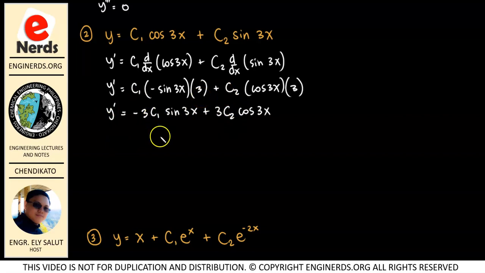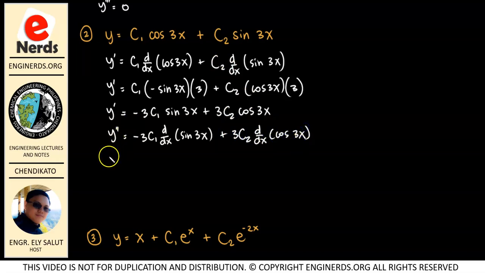So, katulad ng sinabi ko kanina, because we have two arbitrary constants here, we might need to differentiate it twice. So, we're going to take the second derivative. Okay, so we have our constant negative 3c1, then the derivative of sine 3x, plus our constant 3c2, then the derivative of cosine 3x.